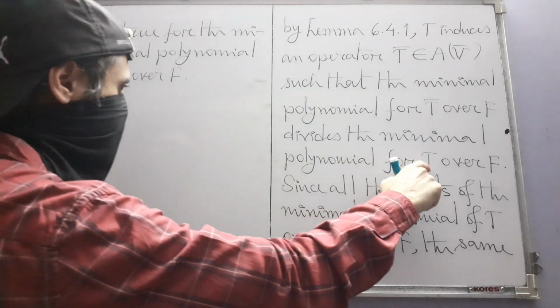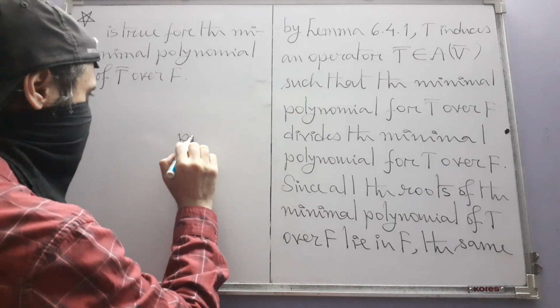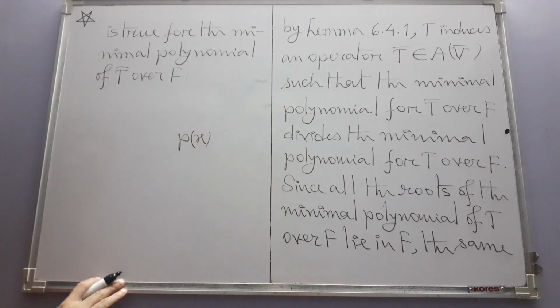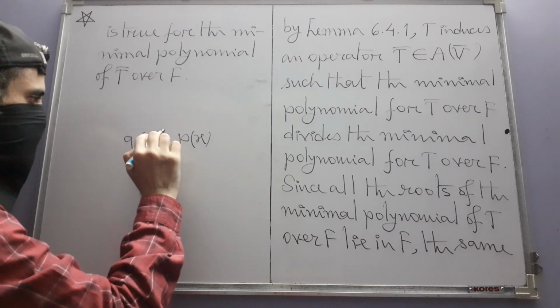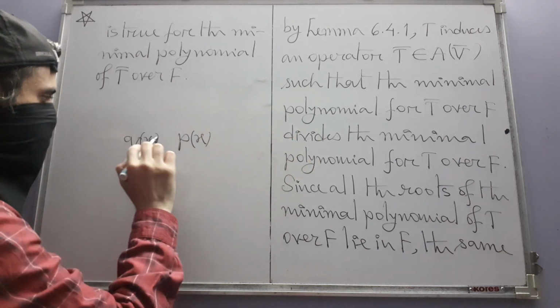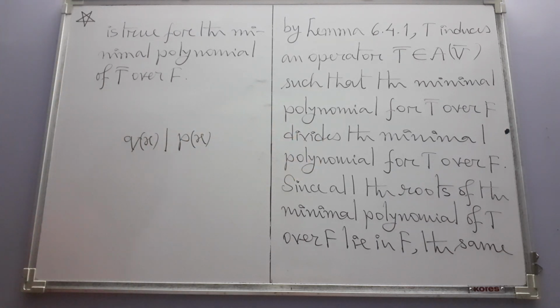Suppose that the minimal polynomial for T over F is Px, and the minimal polynomial for T bar over F is, say, Qx, and we know from this lemma that Qx divides Px.